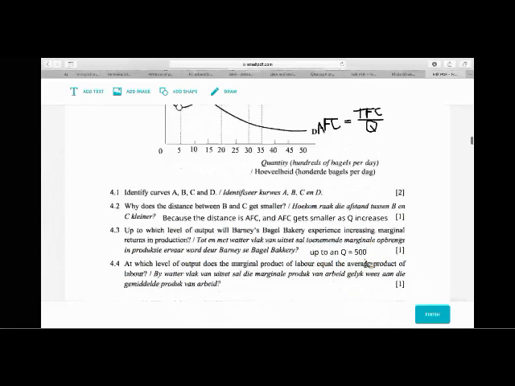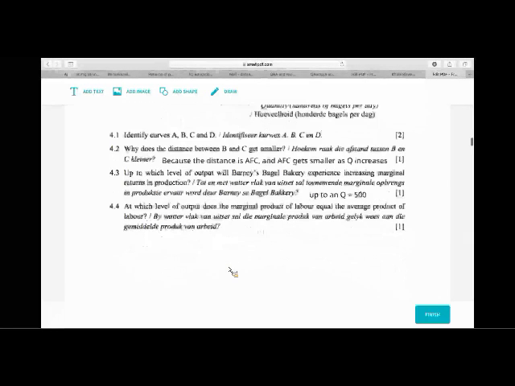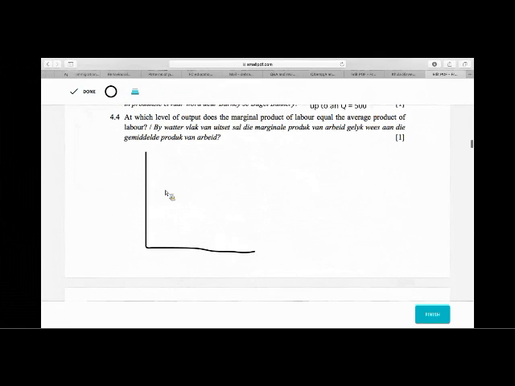4.4 then says, at which level of output does the marginal product of labor equal the average product of labor? Okay, so earlier I showed you that when marginal product is going up, then marginal cost goes down. And when marginal product goes down, marginal cost goes up. So these two curves are related in this way.